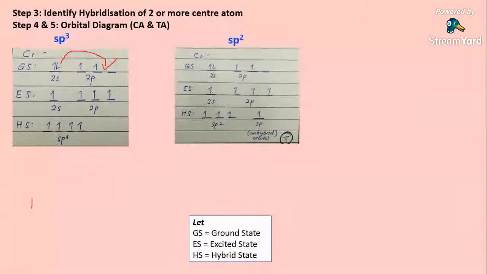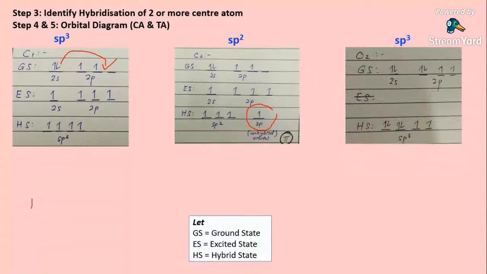It needs to form 3 sigma bonds, so this one is for the pi bond, so we write it as unhybridized orbital or pure orbital. This one, sp3, there are 2 lone pairs and then 2 unpaired electrons. In this case, no need to excite because it's enough. I just need 2 bonding pairs, and 2 unpaired electrons is enough. That's why it just remains in the ground state.